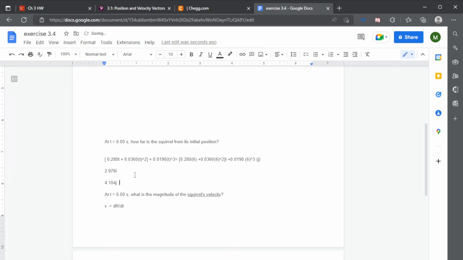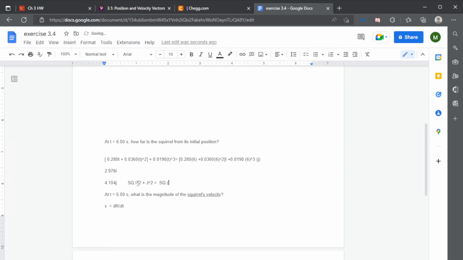Since we got two equations, and it asks for the initial position, what we need to do is plug them in together into the equation to find the position. So the equation will be the square root of i square plus j square. Equal that, so let's plug it into our equation.